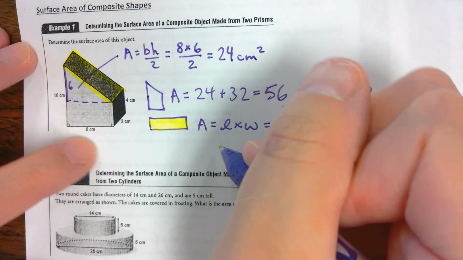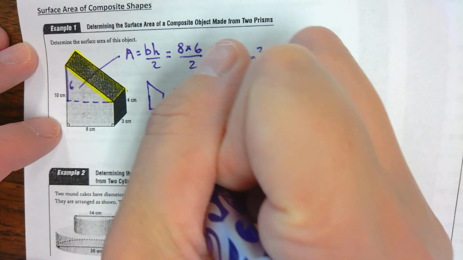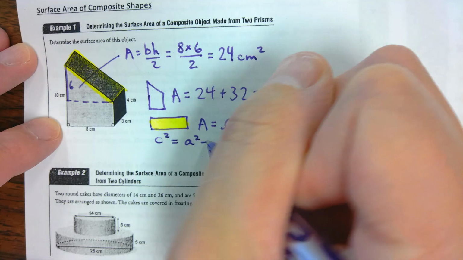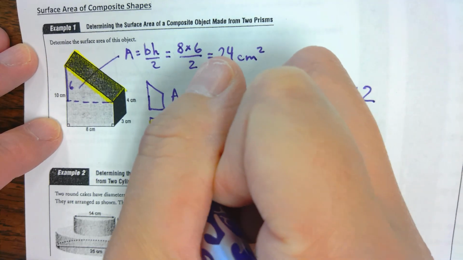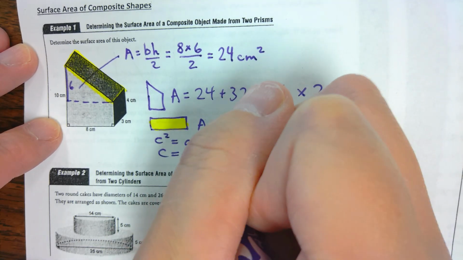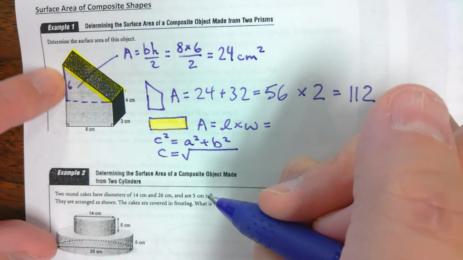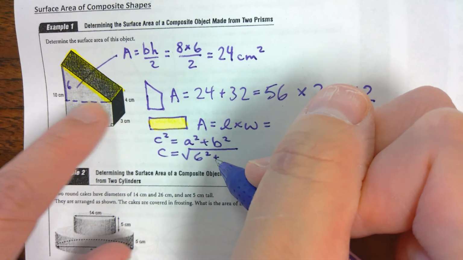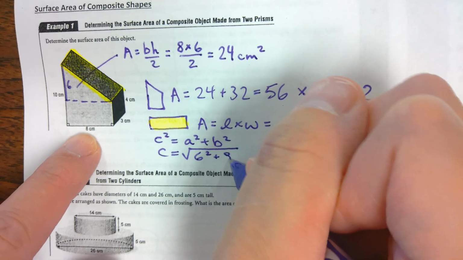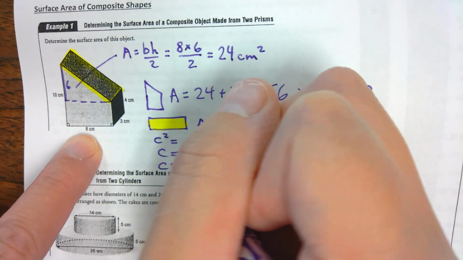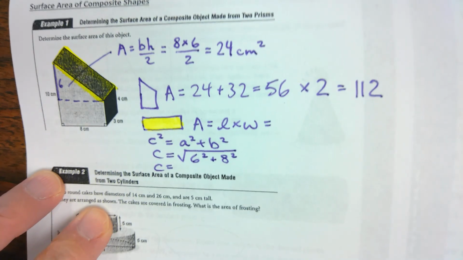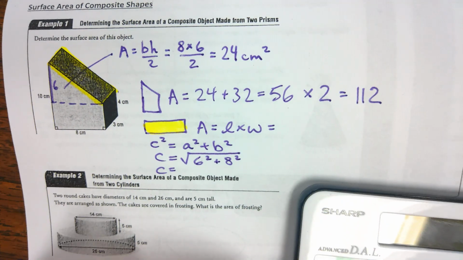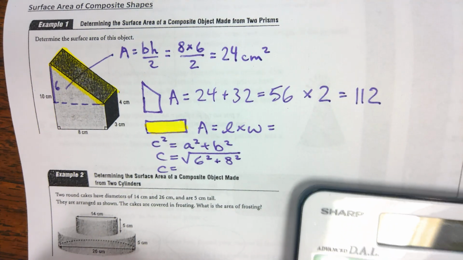So c squared equals a squared plus b squared. So c equals the square root of, this is 6 right here, so 6 squared, and this dotted line right here is 8, so 8 squared. So c equals the square root of 6 times 6 plus 8 times 8.